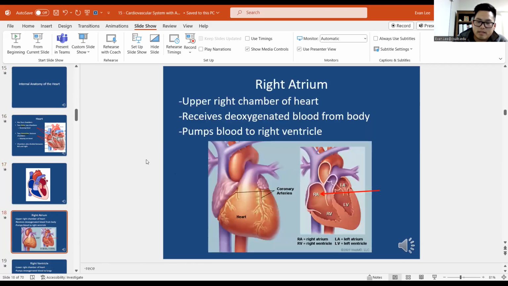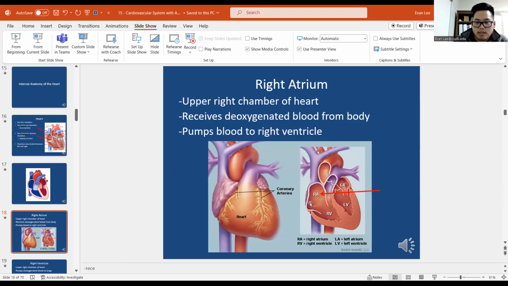So to go over this specifically now, remember we have left and right sides, and it is slightly different for both sides. So let's go ahead and look at that individually. So the right atrium up here is going to be where you collect blood from the body, from your systemic circulatory system. When you collect blood from the systemic circulatory system, it has already delivered oxygen.